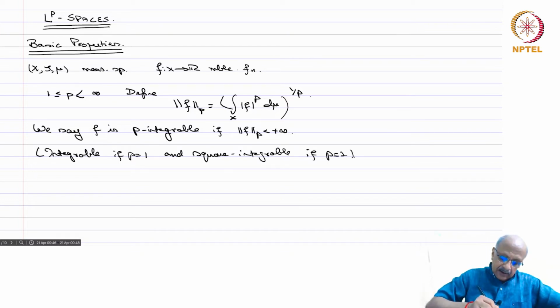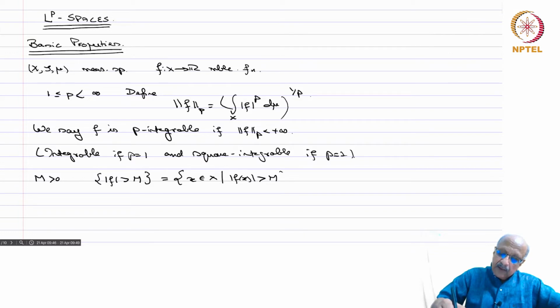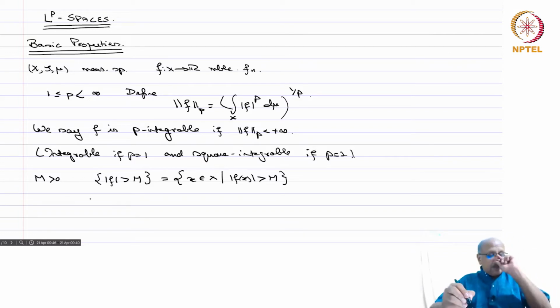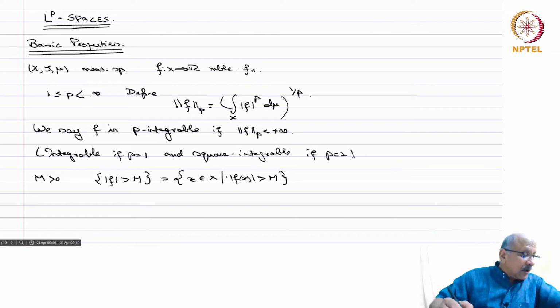Then let m be positive, and we set mod f bigger than m. This is the short notation for the set of all x in X such that mod f(x) is bigger than m. Similarly, you can say mod f less than m, less than or equal to m, greater than or equal to m, etc. We have the corresponding notation.